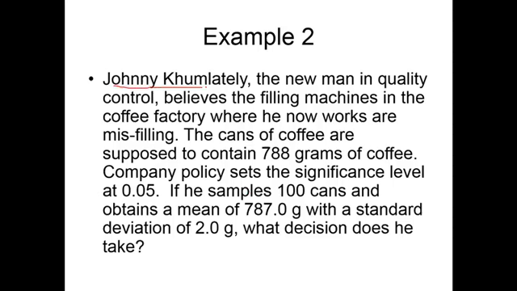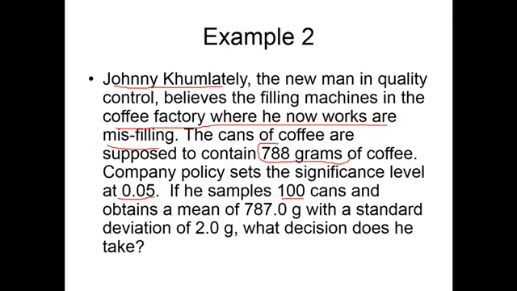Example 2. Johnny come lately, the new man in quality control, believes the filling machines in the coffee factory where he now works are misfilling. The cans of coffee are supposed to contain 788 grams of coffee, and the company sets the significance level at 0.05. If he samples 100 cans and obtains a mean of 787.0 grams with a standard deviation of 2 grams, what decision does he take?